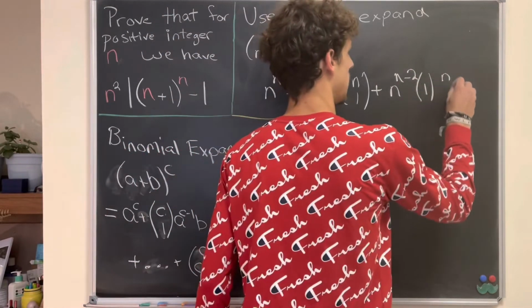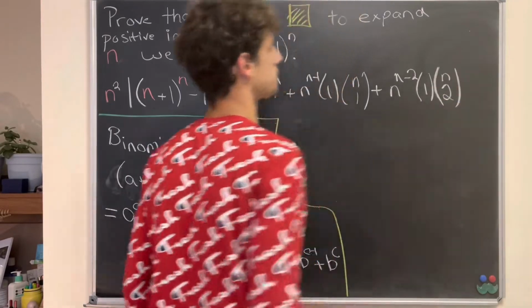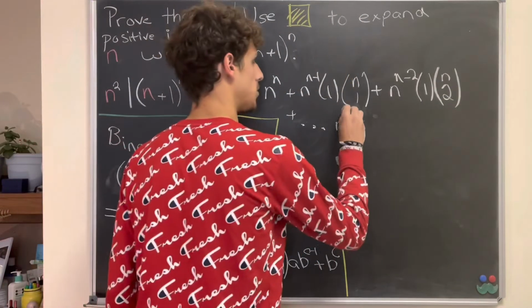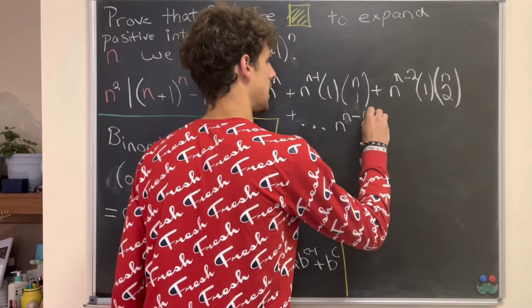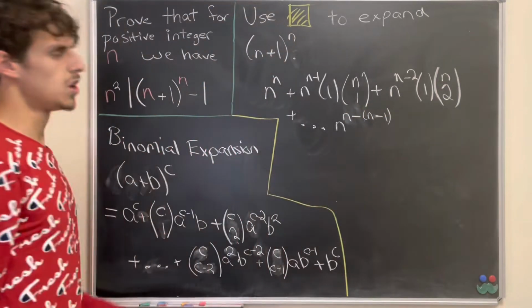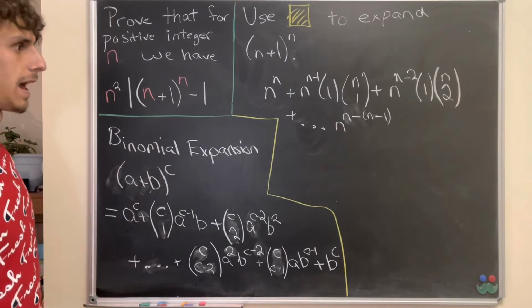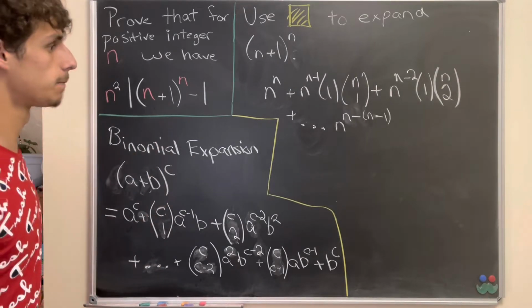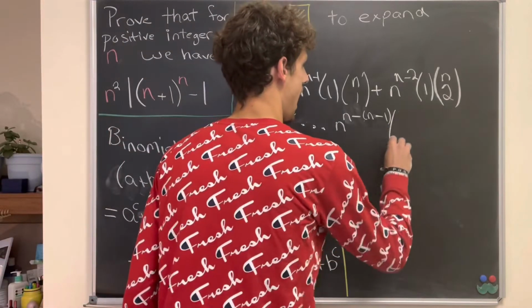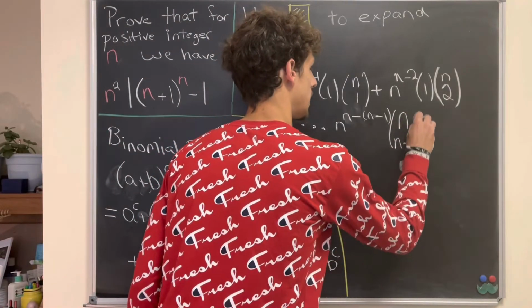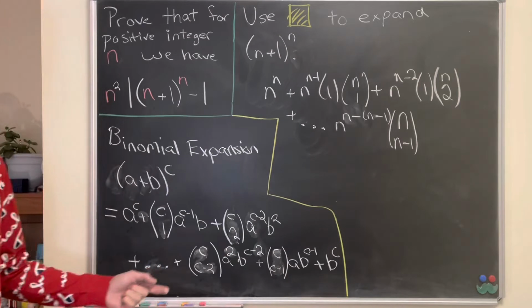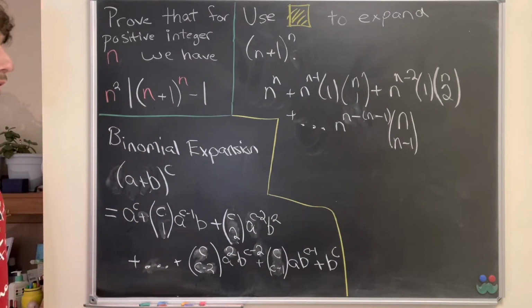And then we'll have n choose 2 here. And then we'll continue this on all the way up to n to the n minus 1. So that's just the n to the 1 power term, but I'll just leave it like that for now to show where we're going. And then we'll have n choose n minus 1 here. And again, that's like 1 to the n minus 1 power, but that's still equal to 1, so I just drop that term out here.